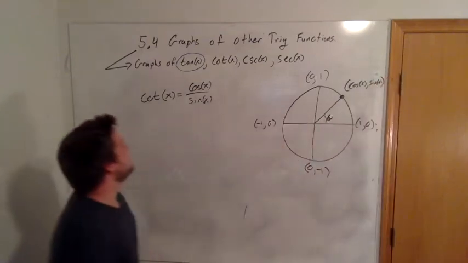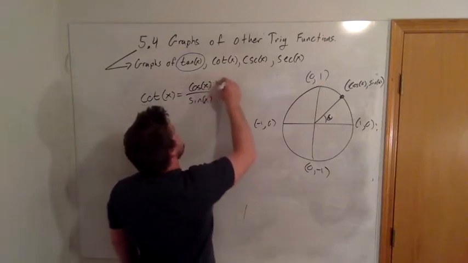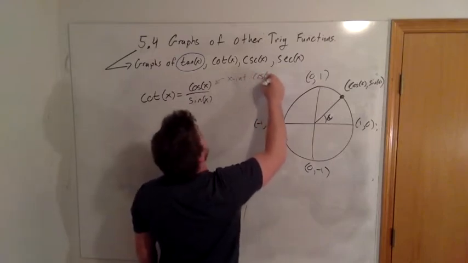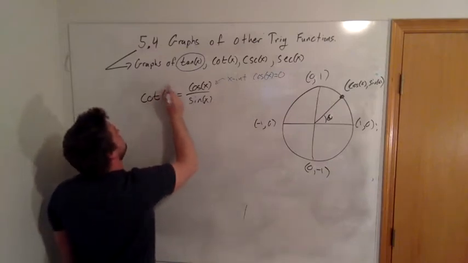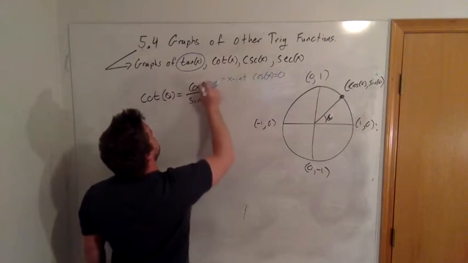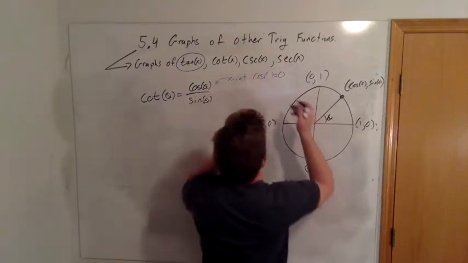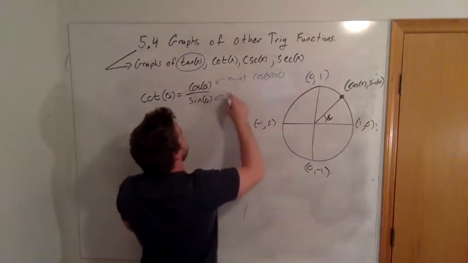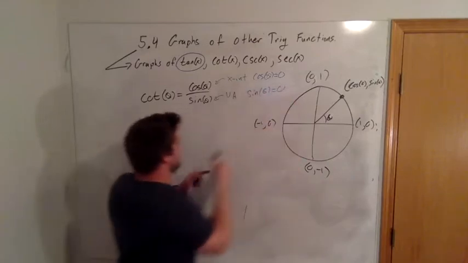Let's think here. What we should notice is I'm going to get x-intercepts when cosine of theta is equal to 0, and I'm going to get vertical asymptotes, VA, when sine of theta is equal to 0.